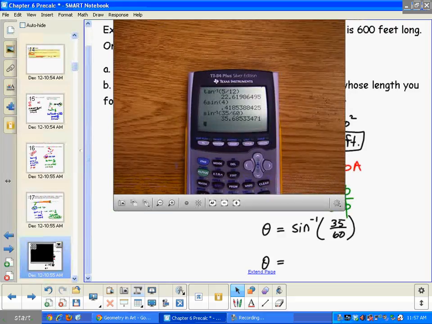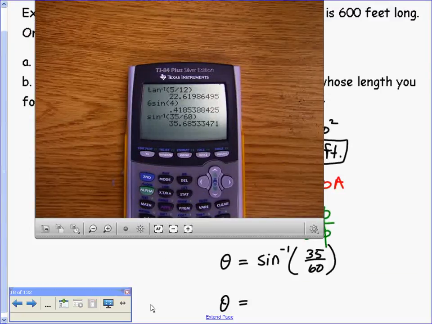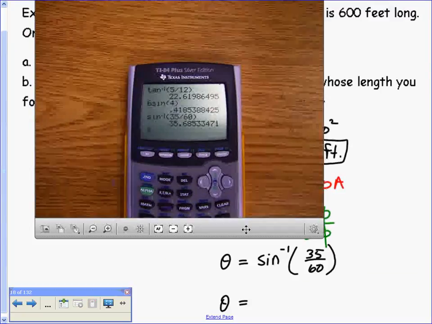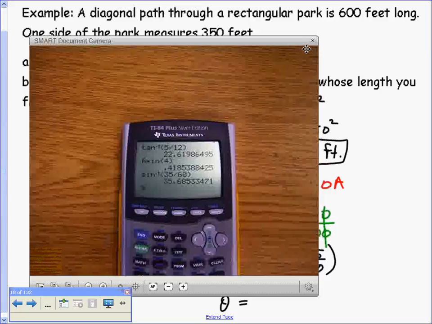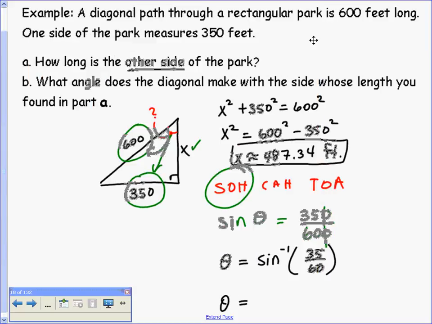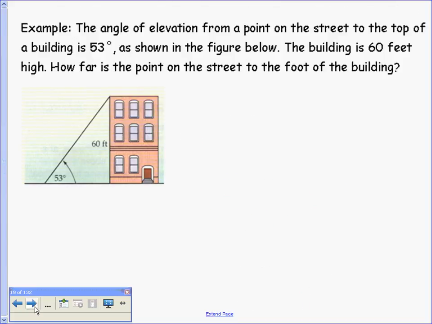Okay. All right, so we get, and this is approximately 35.69 degrees.